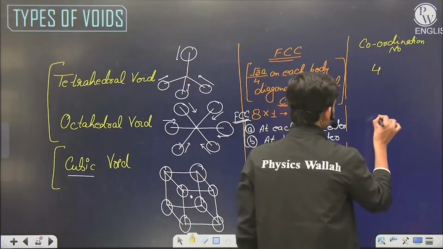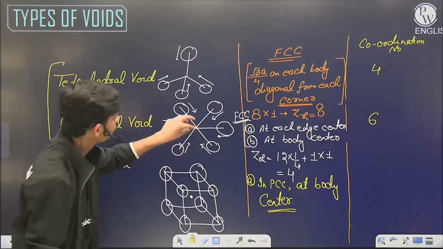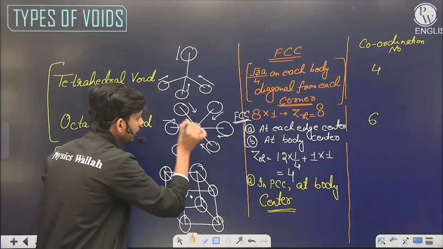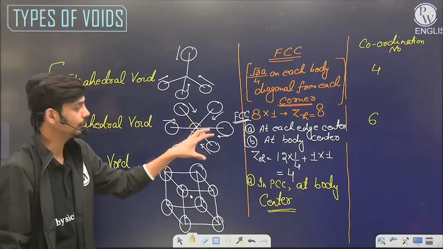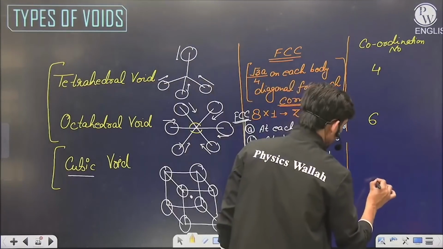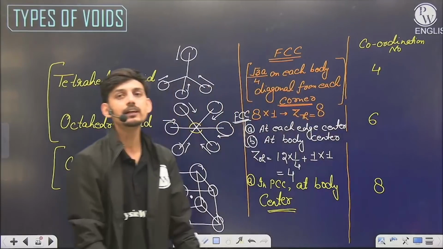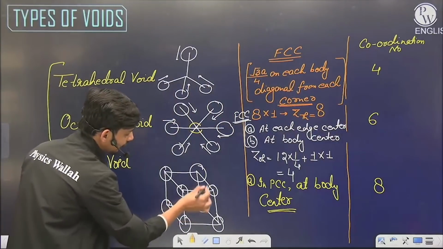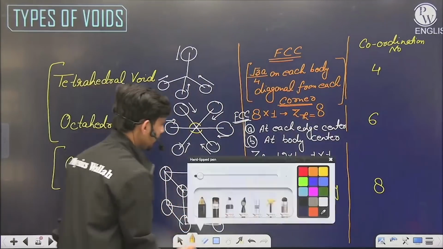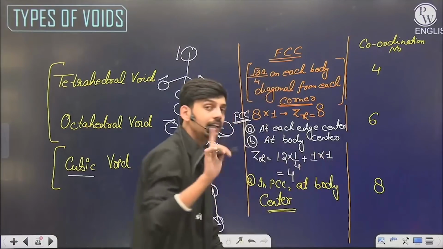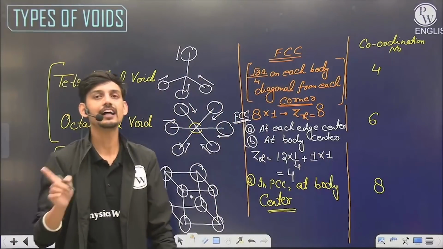For octahedral, it will be 6, surrounded by 6 atoms only. And for cubic, it will be 8, because it is surrounded by 8 atoms.